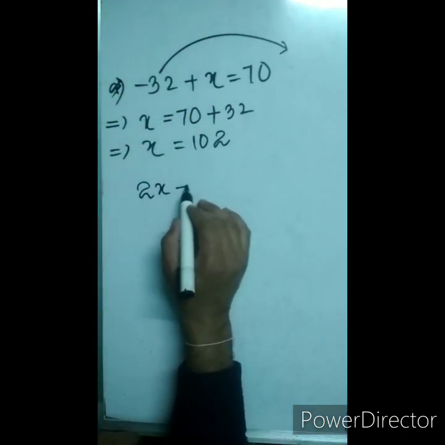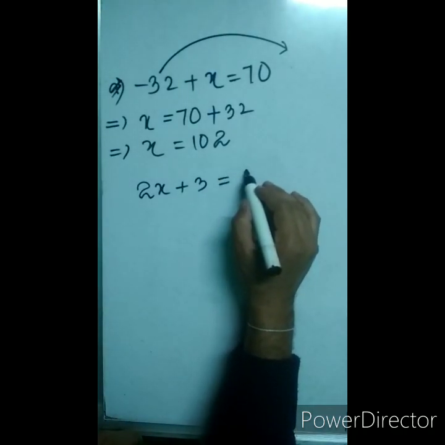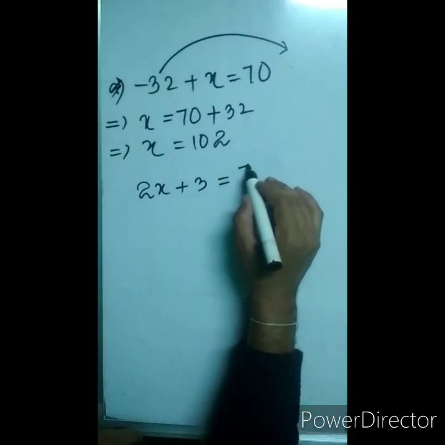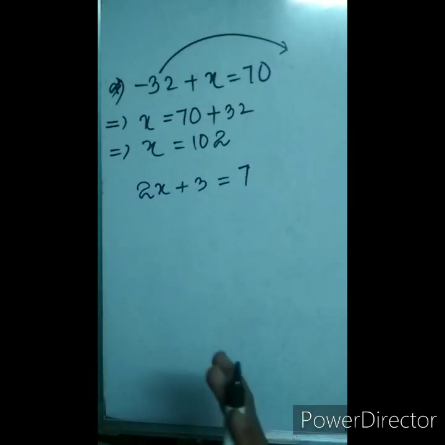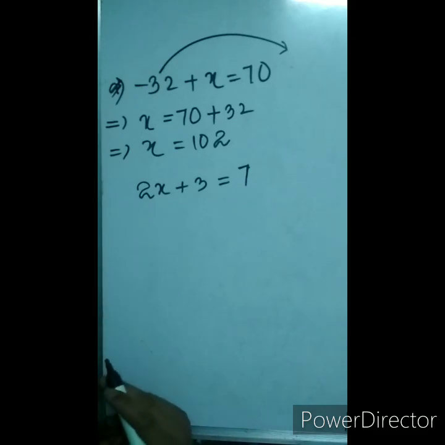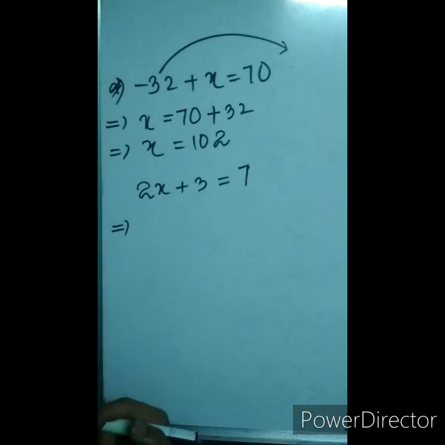2x plus 3 equal to, let me just say here 7. On the left hand side we find here 2x plus 3, and on the right hand side there is 7. So now here I want to find the value of x. So try to keep the term having x alone separately.